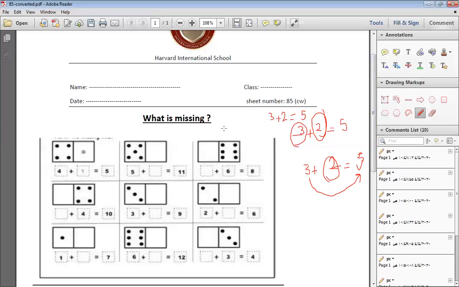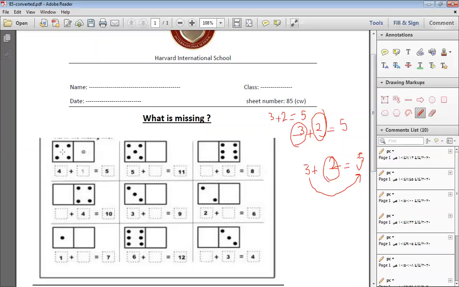Okay, let's do it here by these dots to make it easier for you, and then we will go to another stage. Now he is putting here 4 dots, and tells you 4 plus what equals 5. Is he asking about the total? No, he is asking about a missing number.